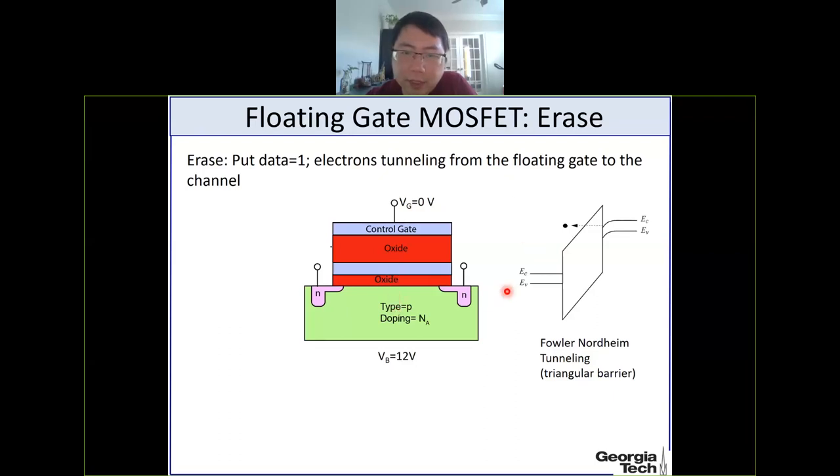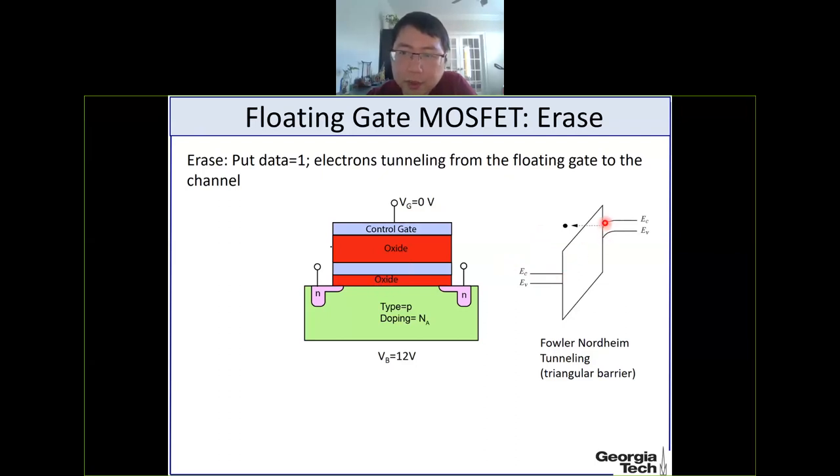If you draw the band diagram along this vertical direction, you have this kind of band diagram. This side is the floating gate, and this side is the substrate. And the substrate is very low because you apply positive 12 volts. Positive voltage will bend down the band, and this is a barrier for this oxide.